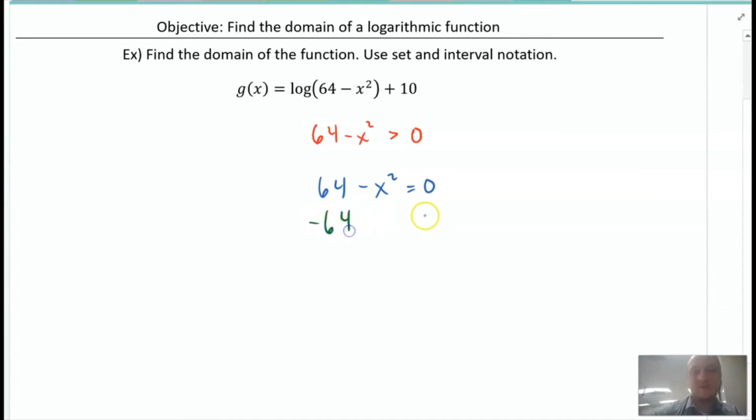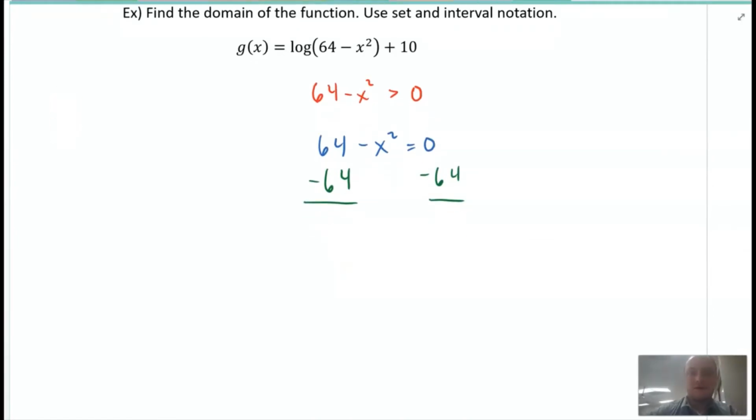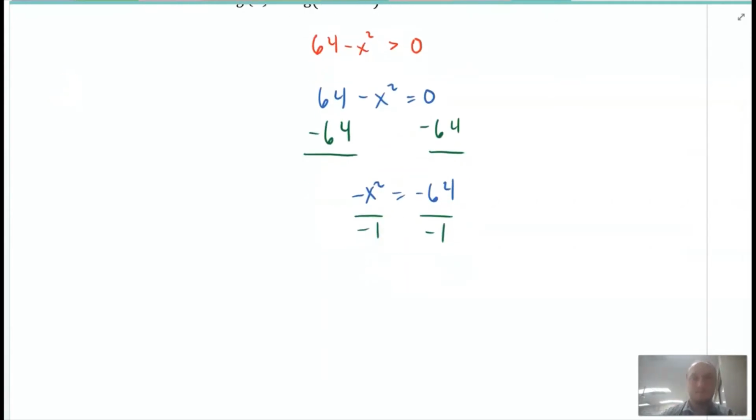So I'll subtract 64 on both sides, giving us negative x squared is equal to negative 64. I'll divide by -1. We get x squared is equal to 64.